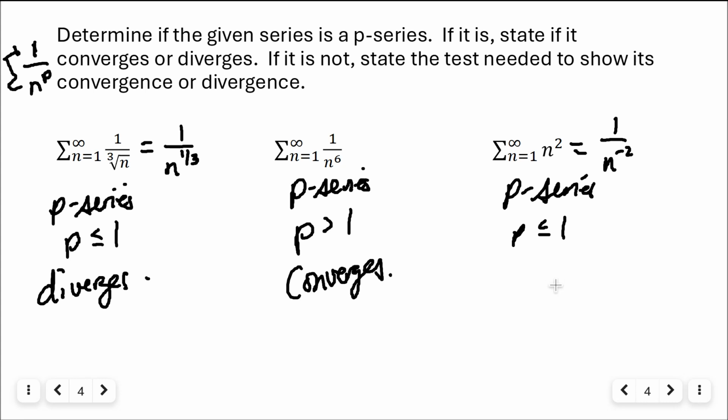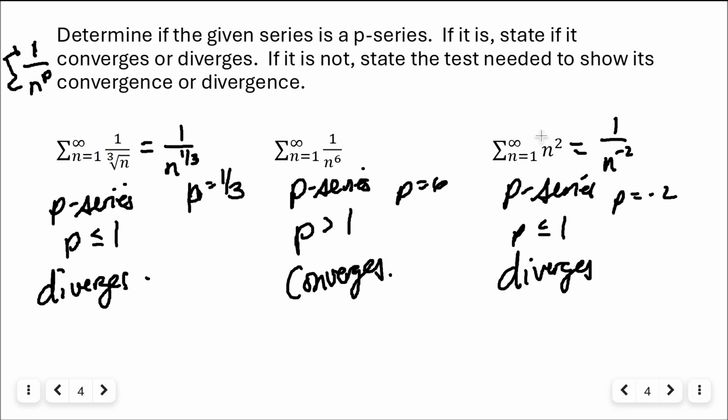P is less than or equal to 1, so this diverges. Okay, P is -2 there, P is 6 there, and P is 1/3 there. Also note that we could have done this series with the nth term test, right? For divergence, the limit as n goes to infinity of this is infinity, it's not 0, so this would diverge by the nth term test also.